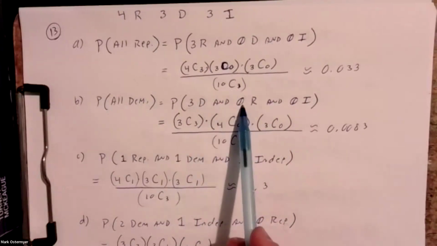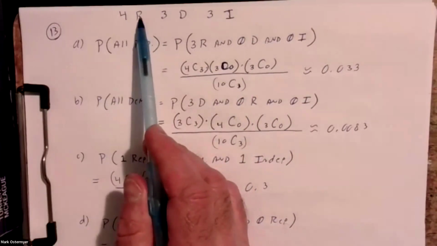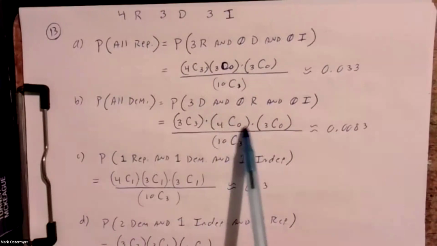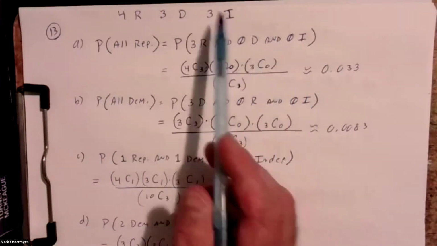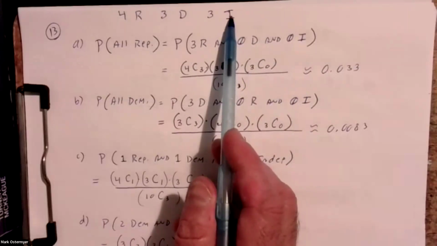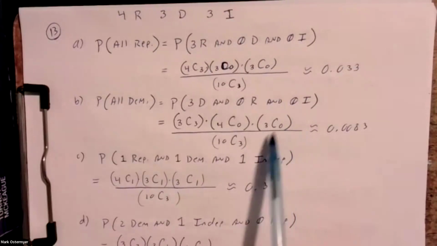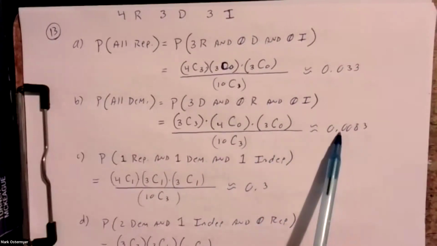Times, how many ways can I select 0 Republicans from 4 that are available if order doesn't matter? 4 in combination with 0 ways. Times, how many ways can I select 0 independents from 3 available? Order doesn't matter. 3 in combination with 0 ways. Divided by 10 in combination with 3 ways to select 3 politicians from 10 available if order doesn't matter.